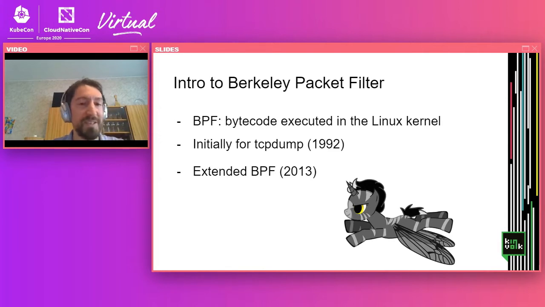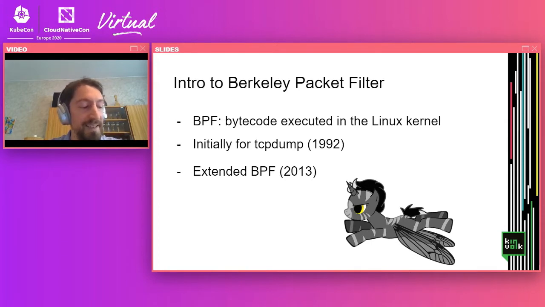Meanwhile, recently it developed into a lot more use cases. There are use cases for networking, where you have different socket filters, or you can do traffic shaping. There are use cases for security, where you can have seccomp to filter the system calls you want to allow, or more recently Linux security modules.